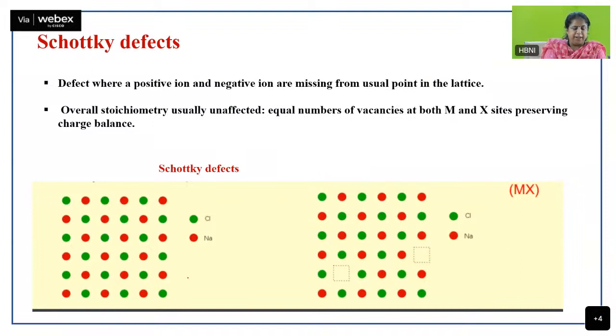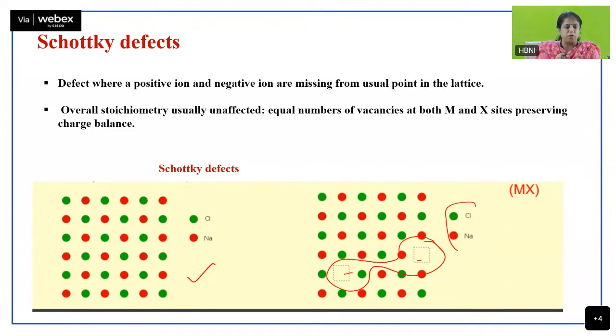So, Schottky defect. This is your regular crystal structure, absolutely three-dimensional periodicity, 3D arrangement, no problem. You remove a green ball, which is a chloride ion, and a red ball, a sodium ion, and this pair is called the Schottky defect. So Schottky defect is not one chloride defect or one sodium defect.